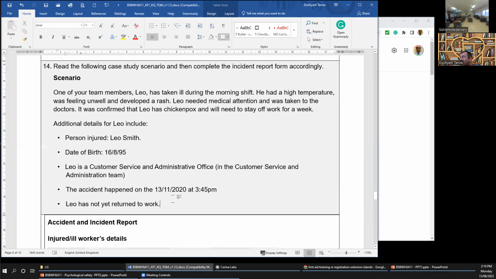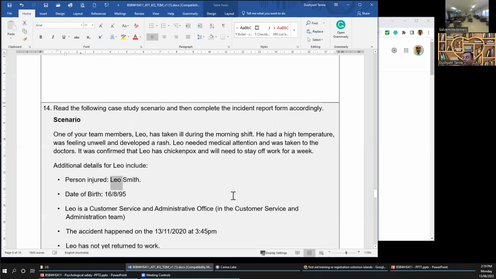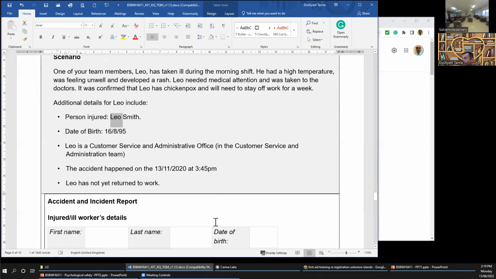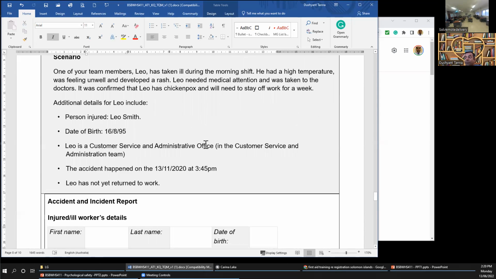So you got the basic information up here. You are filling up the accident form. First name. What is the first name? Leo, right? Last name, Smith. Date of birth here. Position, administrative officer, right?